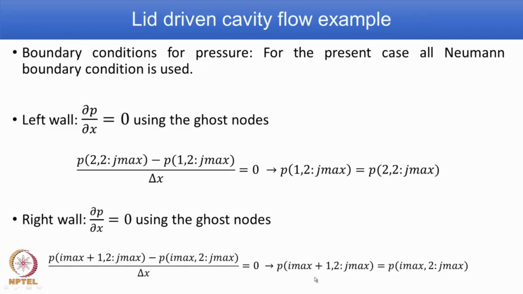If you rearrange, we get the value for the ghost cell node, p i max plus 1, j, going from 2 to j max, equal to p i max, that is inside the right side wall, and for j it is 2 to j max.